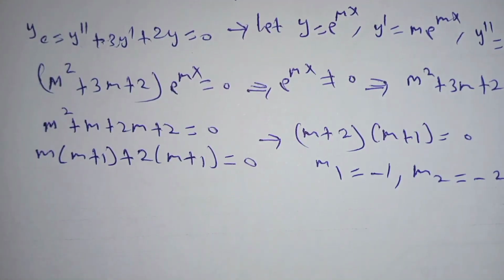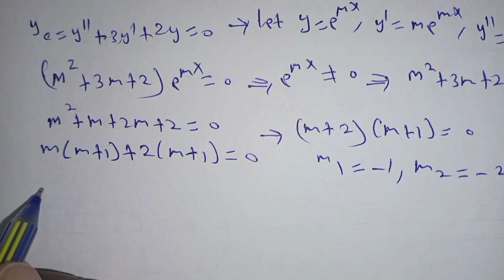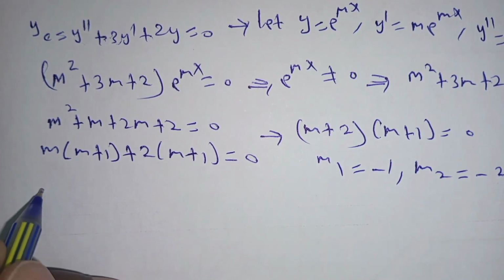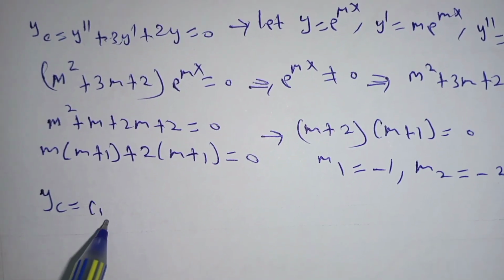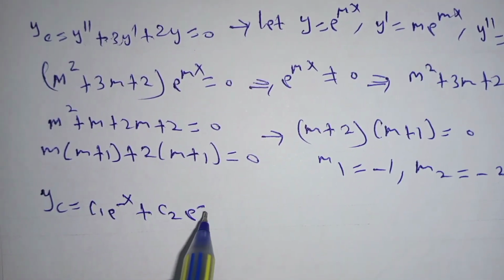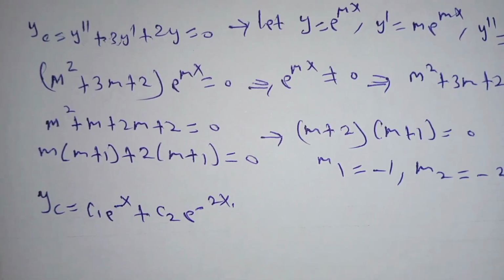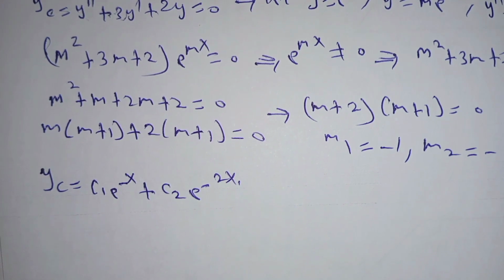From those two roots, which are distinct, we write our yc as yc is equal to c1 e^(-x) plus c2 e^(-2x), where c1 and c2 are what is known as essential arbitrary constants.